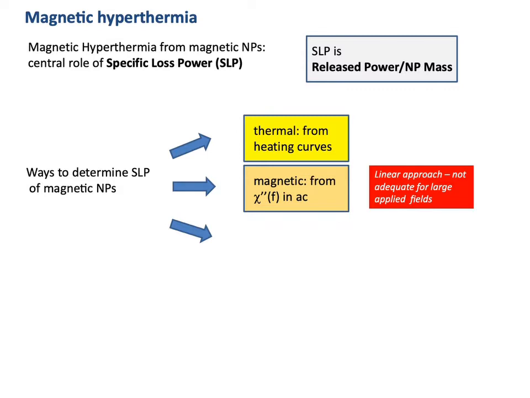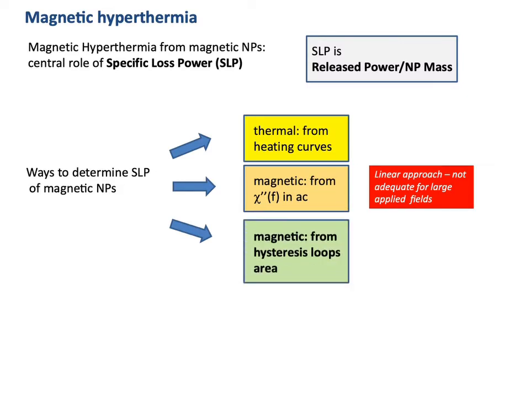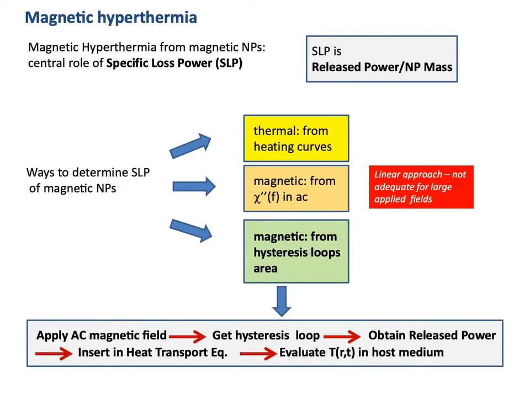This has a major drawback: it is a linear approach that is not adequate for large applied field, and that is the case of magnetic hyperthermia. Or finally, magnetic, by calculating the hysteresis loop area, and this is the approach that we will study in this work.